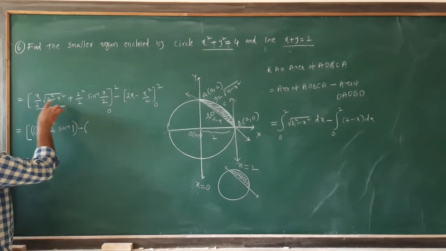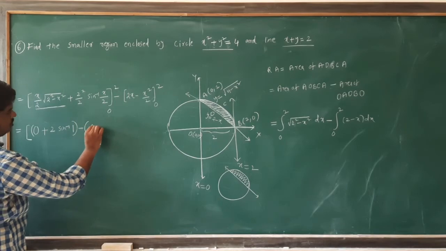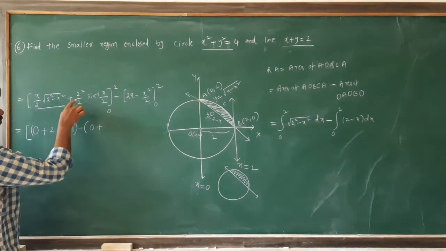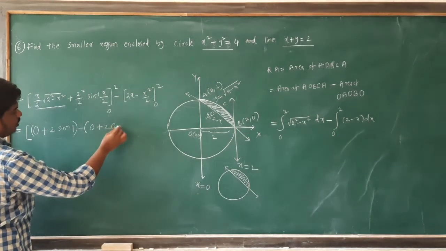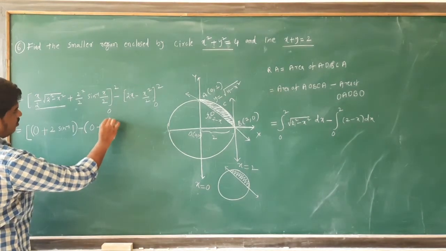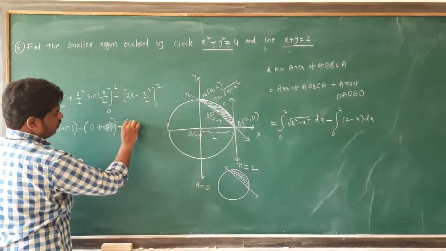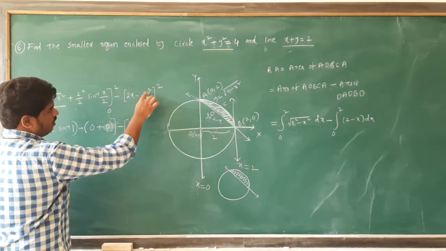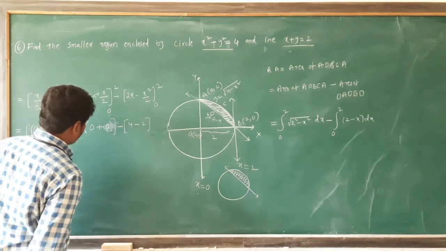Substitute 0: 0 into this is 0, plus 2 square by 2 is 2 sin inverse 0. Okay, 2 into 0 becomes 0, minus 2 into 2 is 4 minus 2 square by 2, which is 2. For the lower limit, 0 is 0. Okay, you know this.